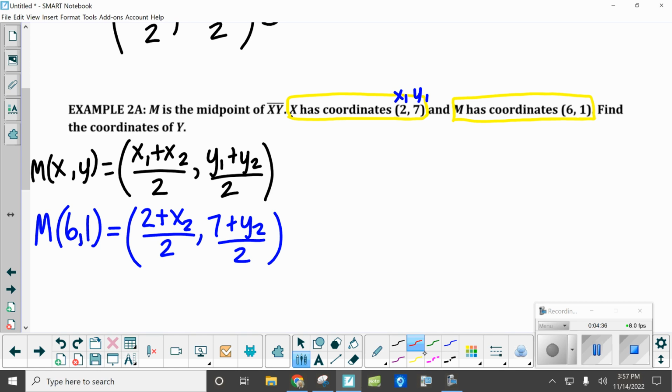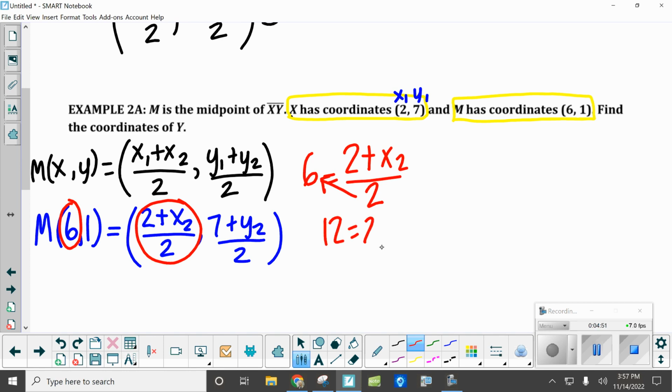So what you're going to essentially do is take this and set it equal to this. So I've got 2 plus x2 over 2 has to equal 6. Multiply by 2, you get 12 equals 2 plus x2. So x2 equals 10. Then I'm going to take this one and set it equal to this one because that's in the same spot.